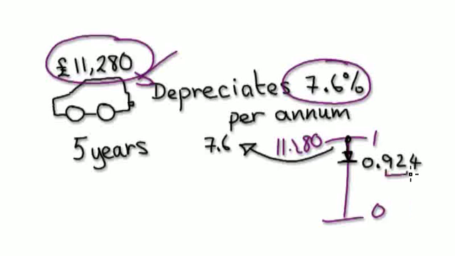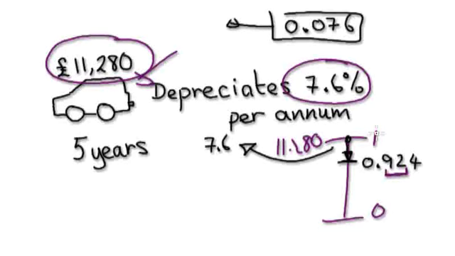Have a quick glance at this. This is 92%. What I'm trying to say is that 7.6% is 0.076. If you have one whole of something and you give this much away, what's left will be this.